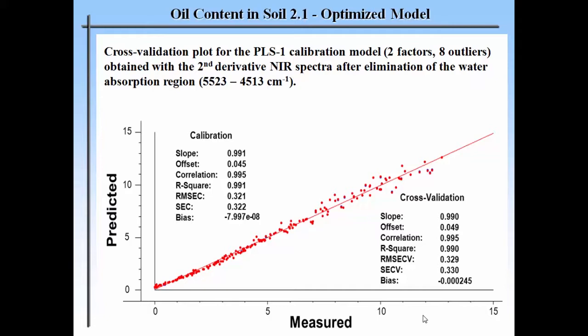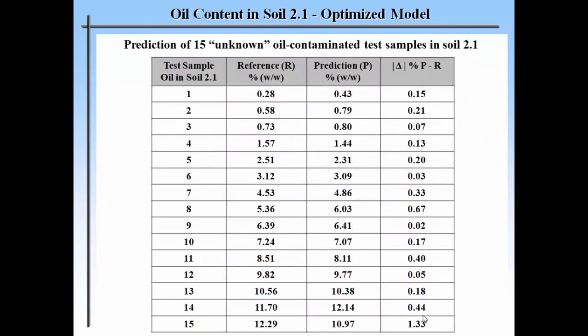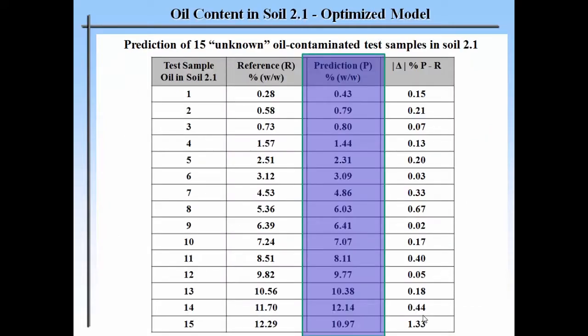And then we predicted samples which were, of course, not contained in the calibration. This is important. And now compare the prediction with the reference. So I think it's a suitable prediction accuracy down to a certain threshold value.